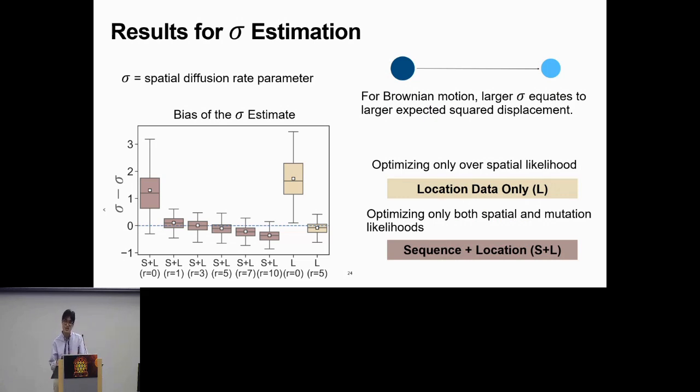On the x-axis, I'm showing different parameterizations of our model, where we can vary the radius to show how changing it from the true radius might change the estimates of sigma, as well as the effect of using only the location likelihood or the sequence plus spatial likelihood in our model.